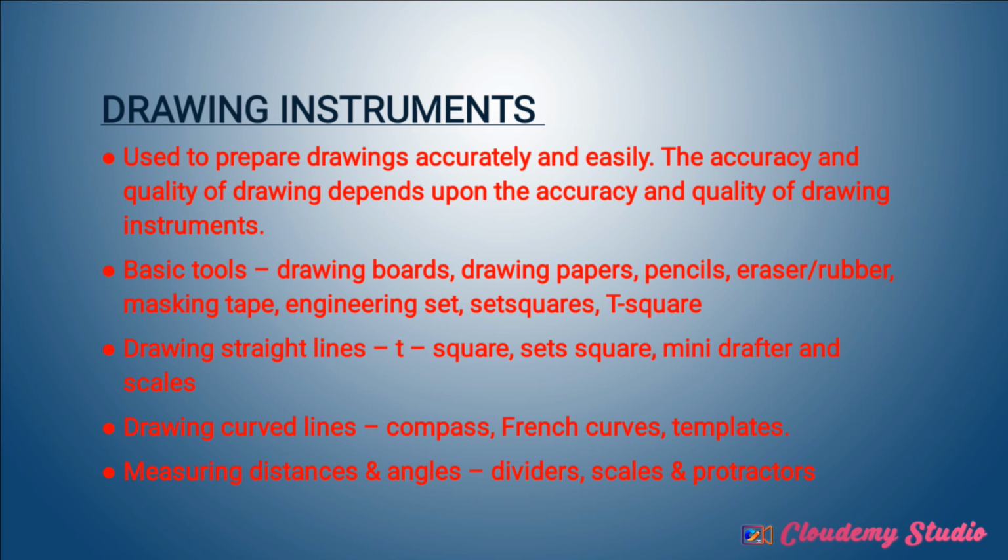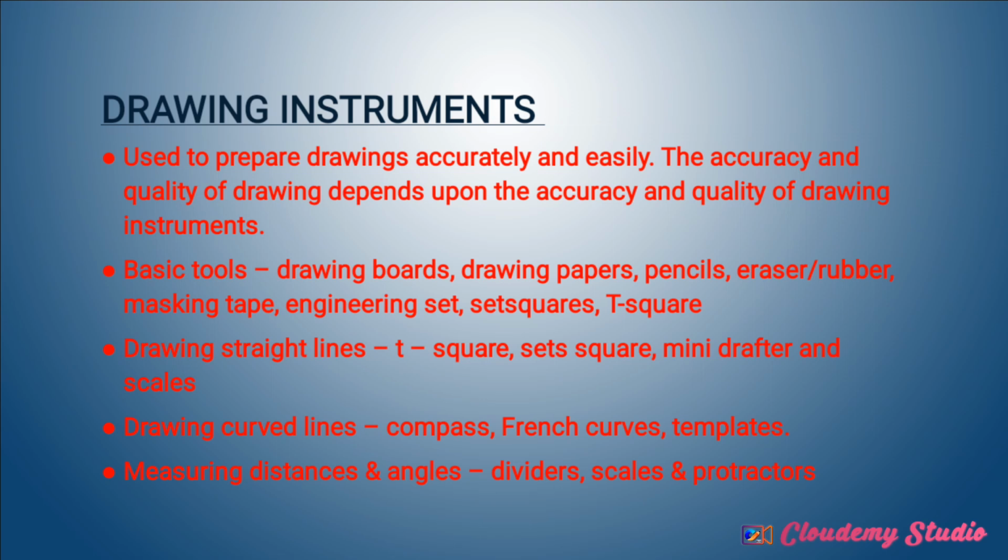Then you have the engineering set. Inside the engineering set, you have a set of tools, a pair of compasses, that are used to perform engineering drawings. Then you have the set squares. The set squares are used to measure angles. At the same time, they can be used to draw very short horizontal and vertical lines. Then you have the T-square.